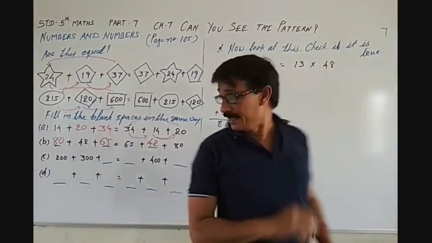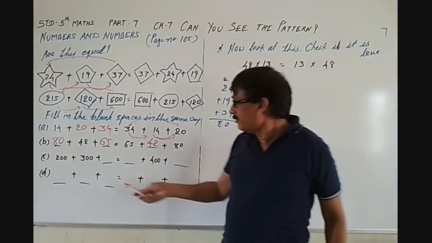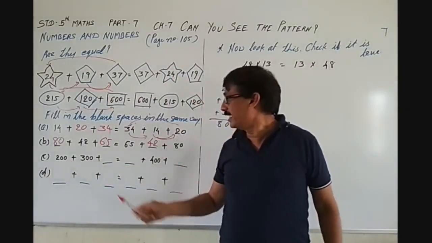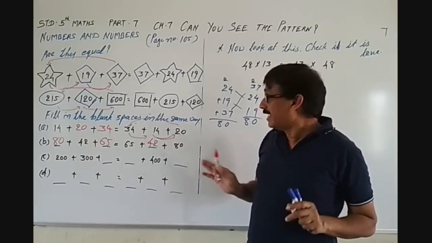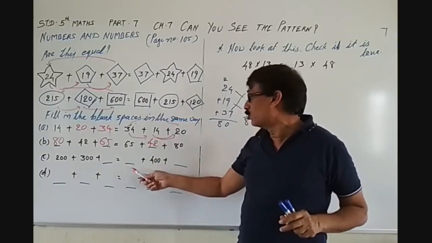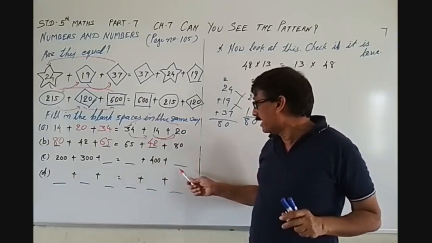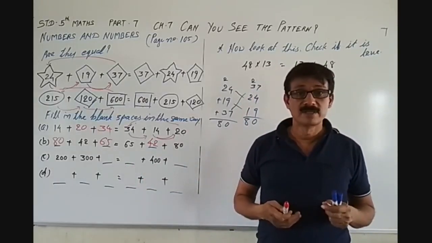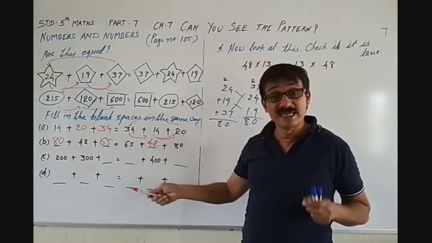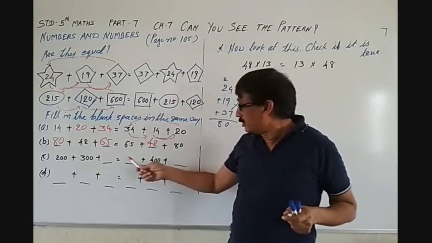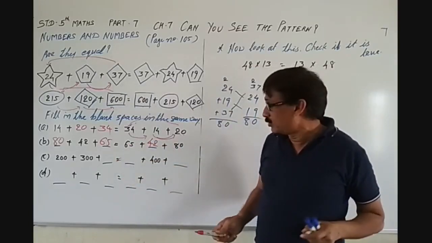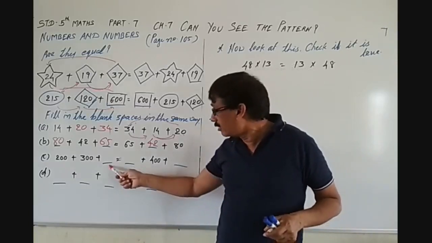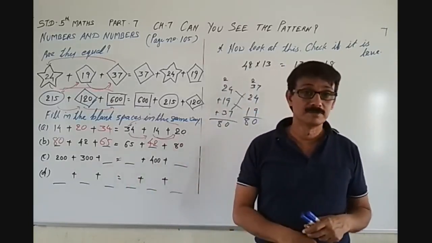Okay. Then here we can see 200, 300 and plus blank. No number is given. And here it is equal to blank plus 400 and blank. So both these are the same. The total is equal. That is why we can say that the third number will be 400 only.